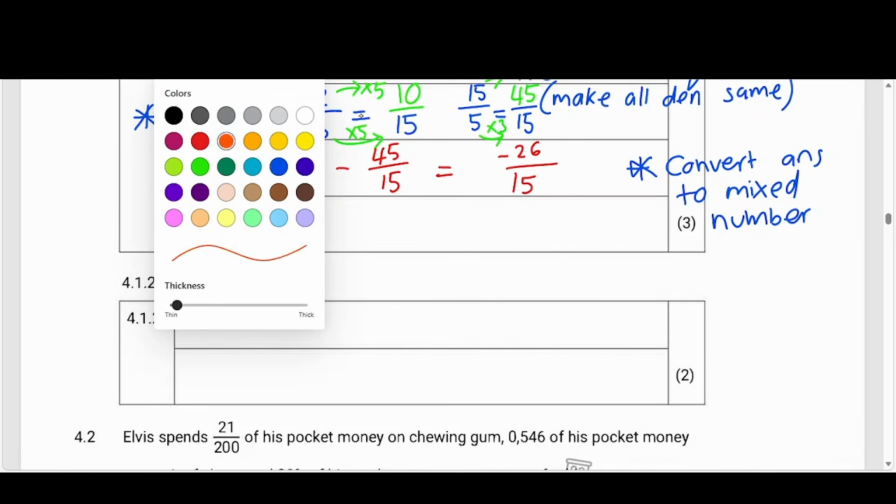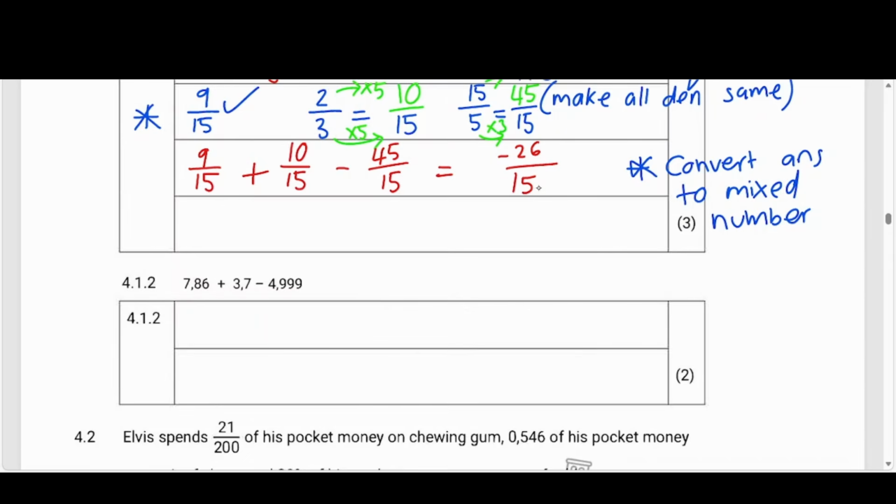How we do that is we always say how many times does 15 go into 26? So 15 goes into 26 one time. How many leftovers are there? There would be 11 leftovers, and we always keep the base the same. So this is our final answer, minus 1 and 11 over 15.